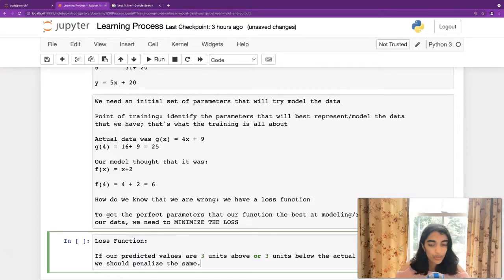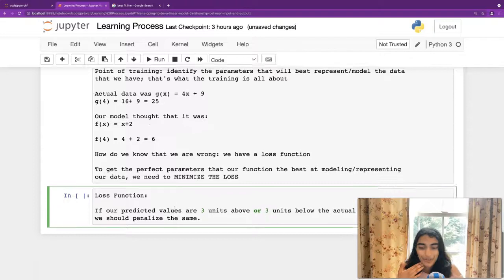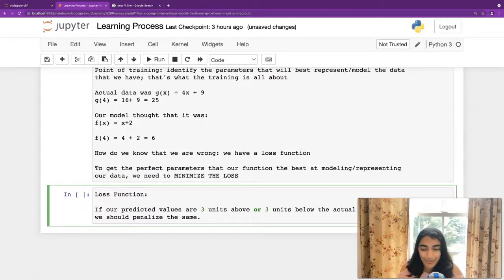So what does that mean? What does it mean when we punish the mistakes that our model makes? Well, it's just like any sort of punishment. If you do something wrong, depending on how bad the thing is, right, you punish it and you say, hey, this is not where you should go.